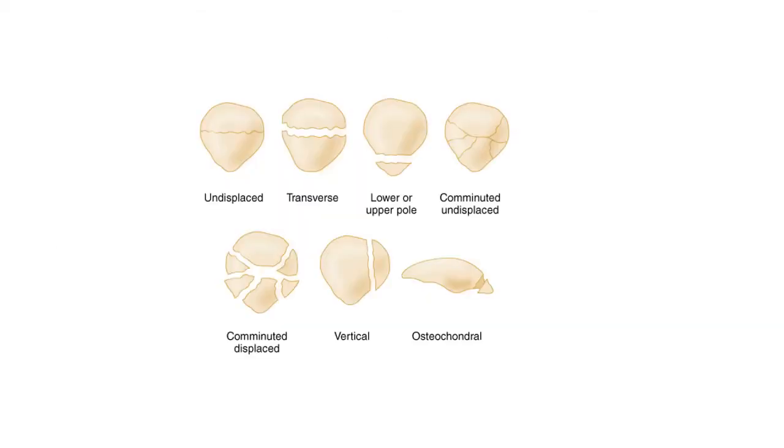The pattern of patella fracture is either undisplaced fracture, transverse fracture, lower or upper pole fracture, comminuted undisplaced fracture, comminuted displaced fracture, vertical fracture, and osteochondral fracture.